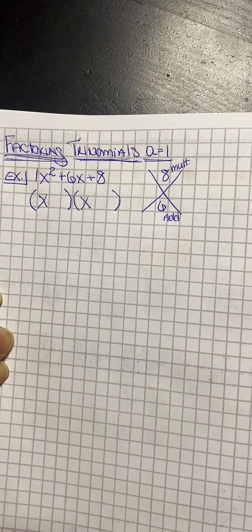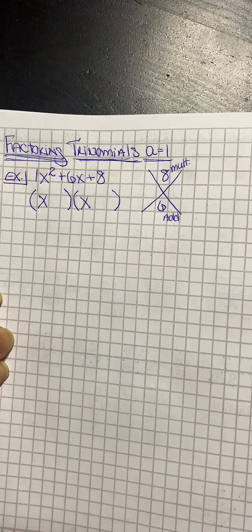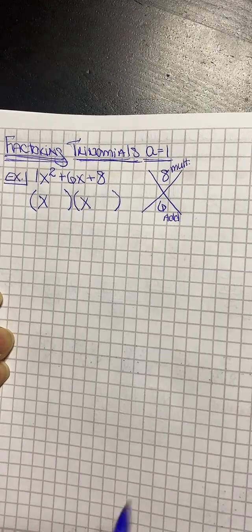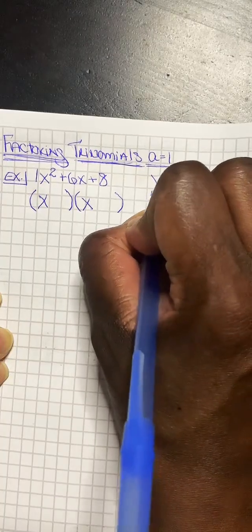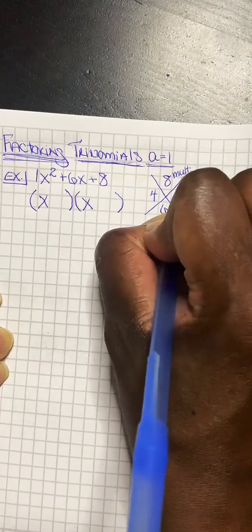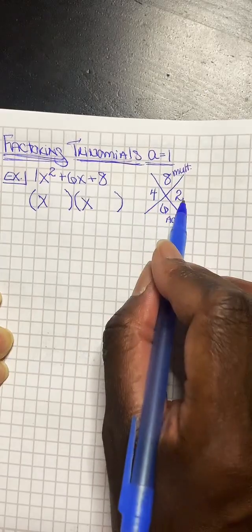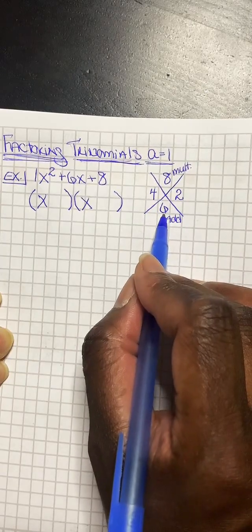Okay. All right, so I'm seeing 4 and 2, 4 and 2. Oh, thank you for the roses, 4 and 2. Mr. Gordon, hello. Thank you for the follow. Yes, 4 and 2. Because 4 times 2 gives me 8, and 4 plus 2 gives me 6.